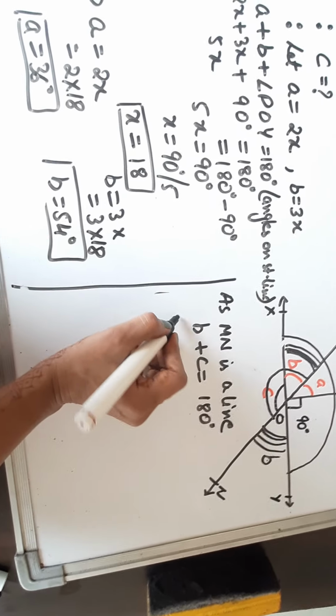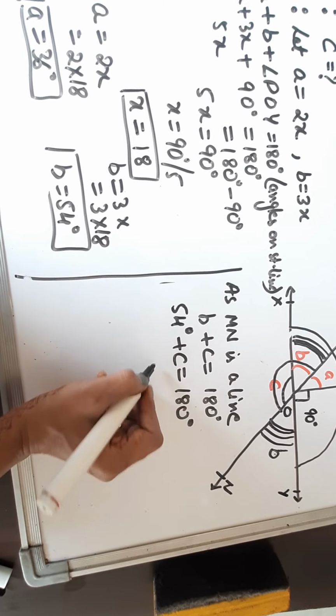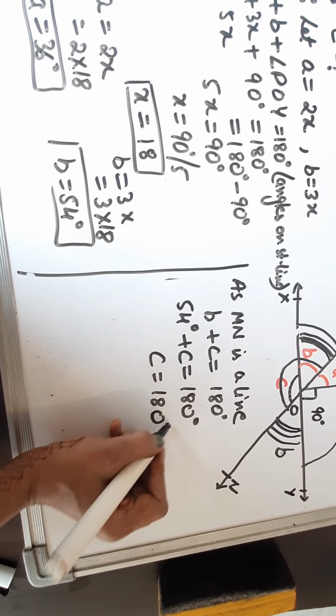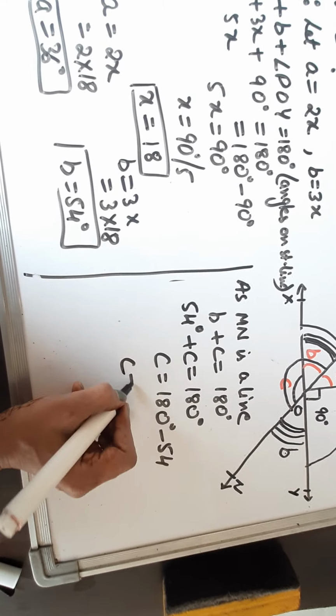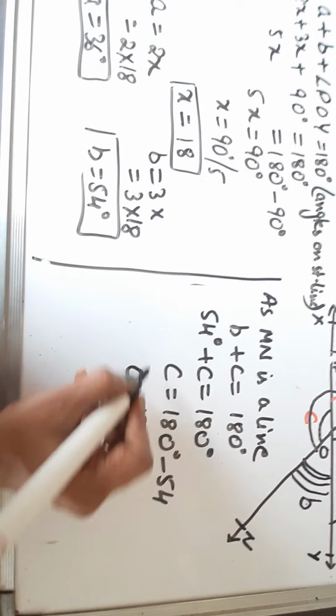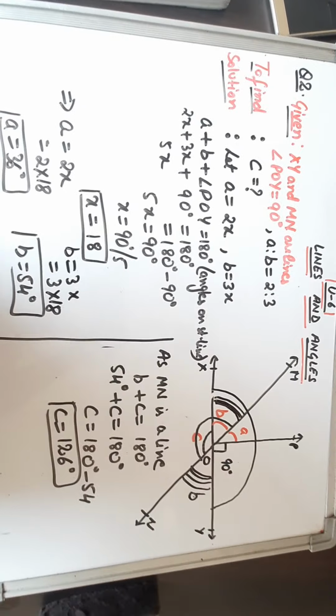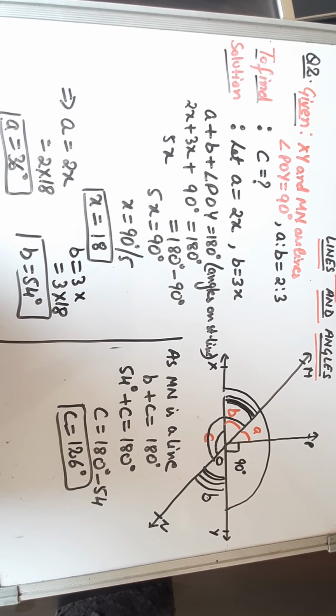So B is 54 degrees. So we can get the value of C from here, minus 54 degrees, and by subtracting we get 126 degrees. So in this way you will get angle C. I hope the concept is clear to you.